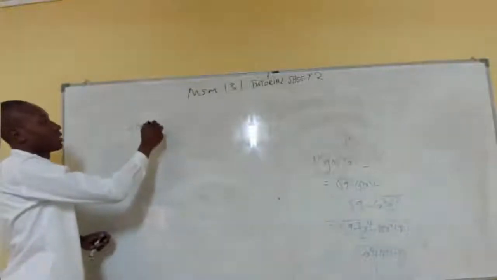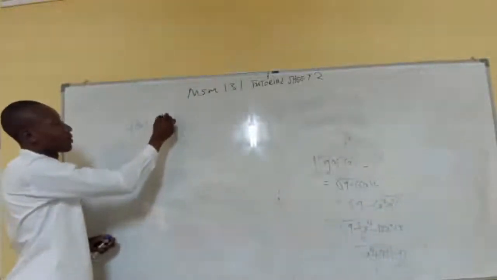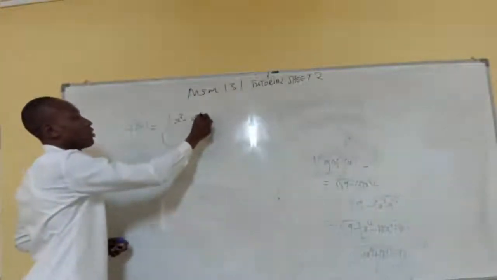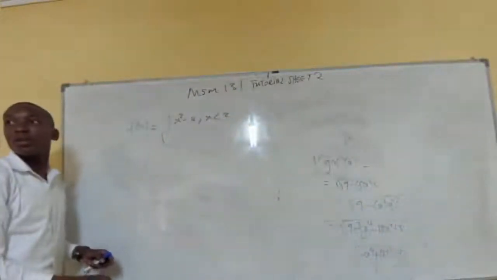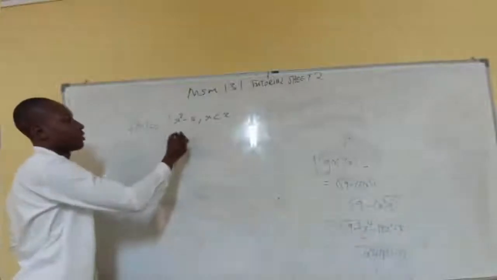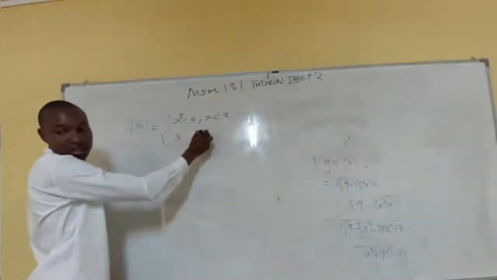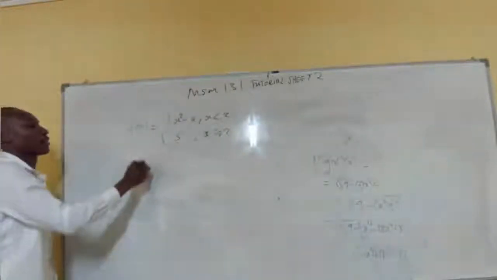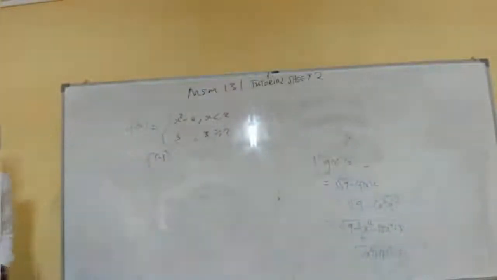So I'm saying x squared minus 4 for x less than 2, and we have 5 for x greater than or equal to 2. Okay? The first thing you've been asked to find is f of negative 1.